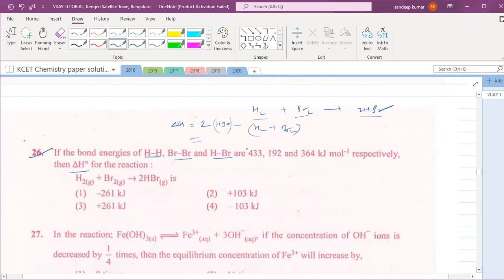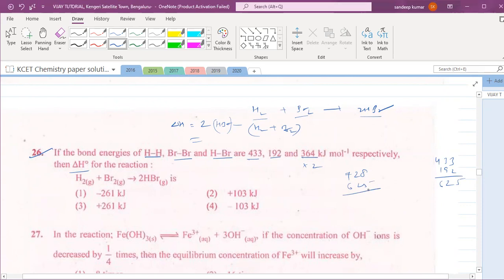HBr is 364, so 2 times is 728. Minus 433 plus 192, which is 625.